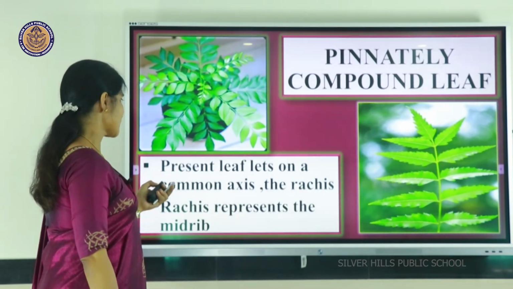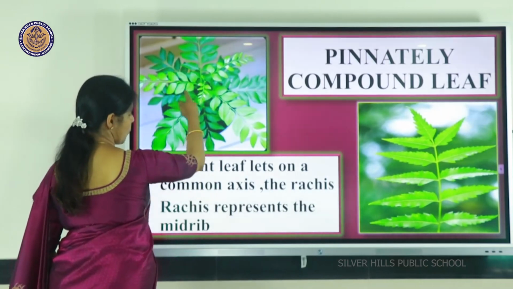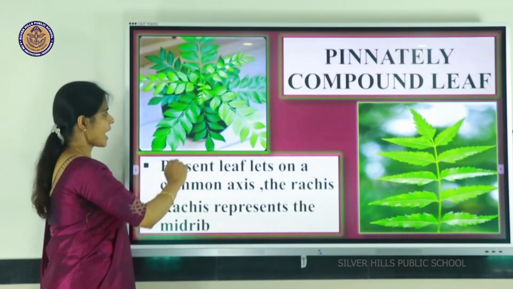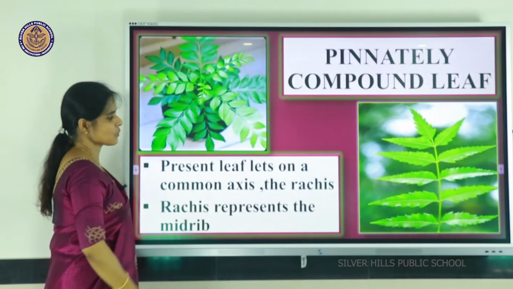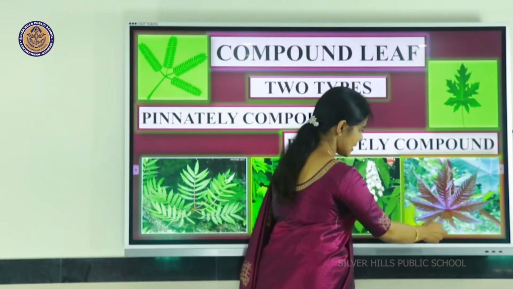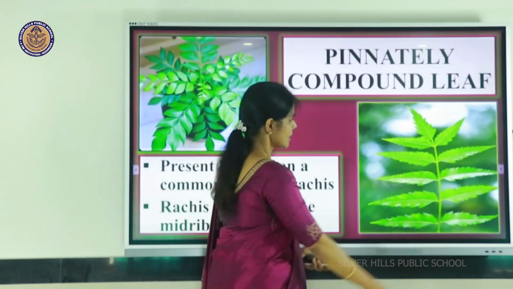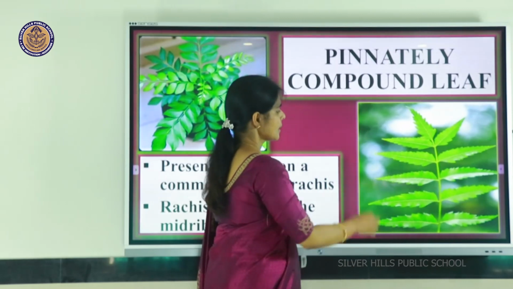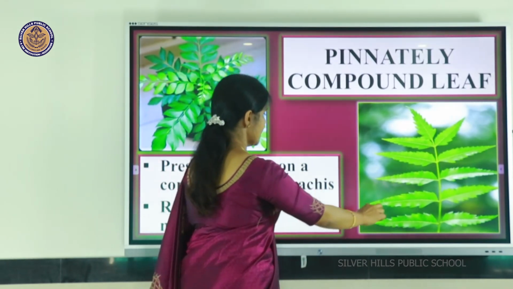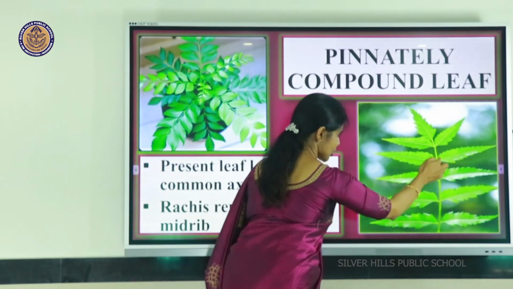Pinnately compound means the entire leaf has a common axis, which we call the rachis. You can see in the picture a single central rachis, and along this rachis the leaf has certain incisions.